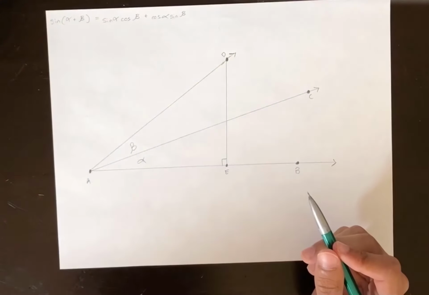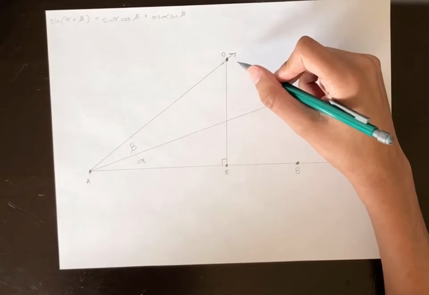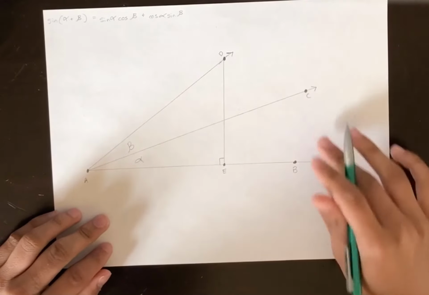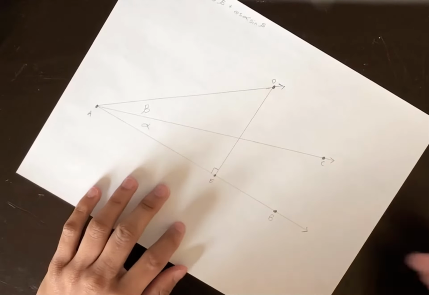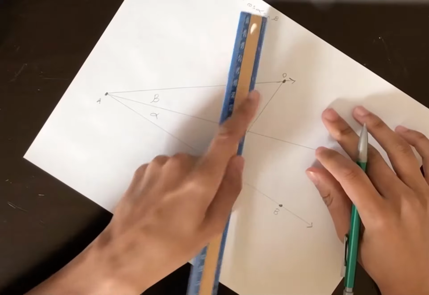Next, you want to draw a perpendicular line from the point D to AC, and then label that intersection point as F. So you're creating line DF.